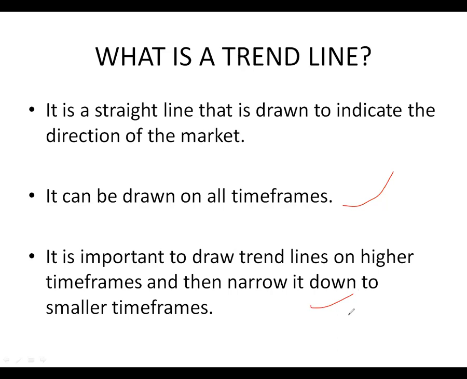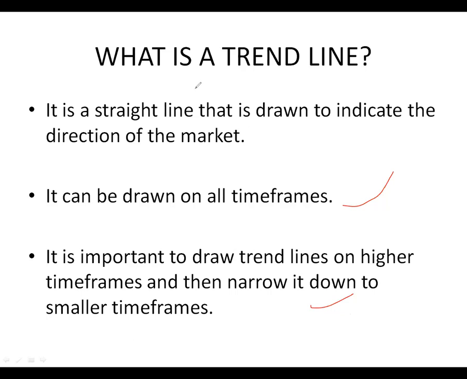Then you switch to 4 hour or 1 hour or maybe 30 minutes or 15 minutes, and then you are able to see the clear picture of what the market looks like. So it is advised that if you want to draw a trend line, draw it on a higher time frame and narrow it down to smaller time frames. We will do these examples very soon, so let's continue.